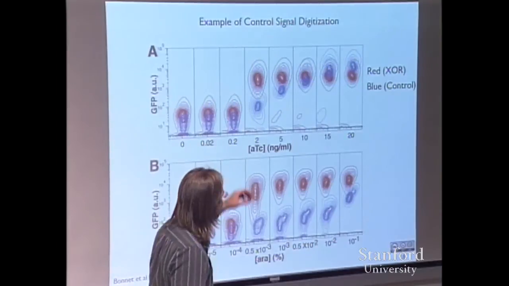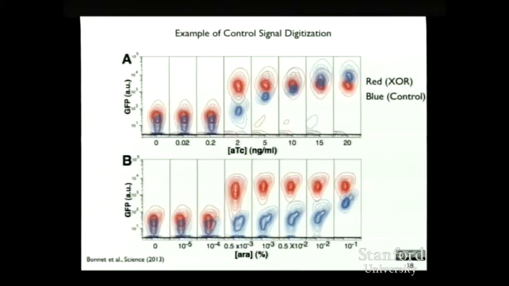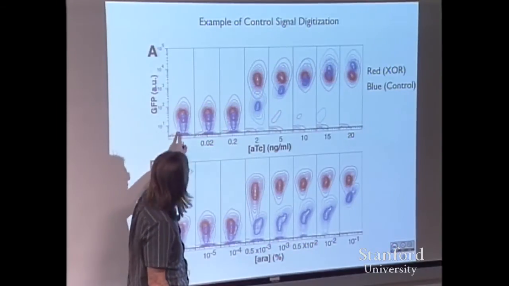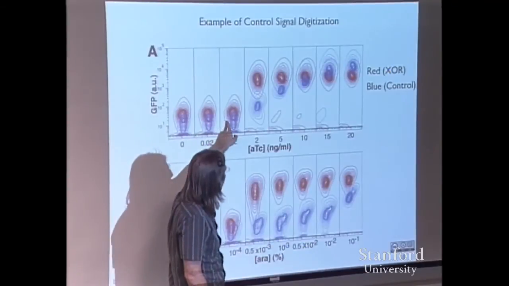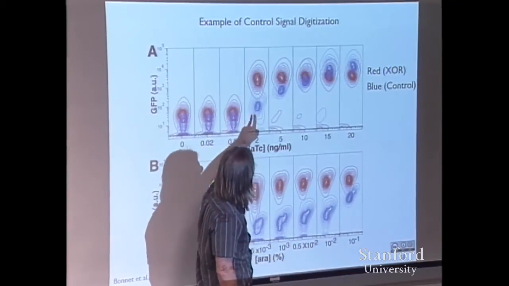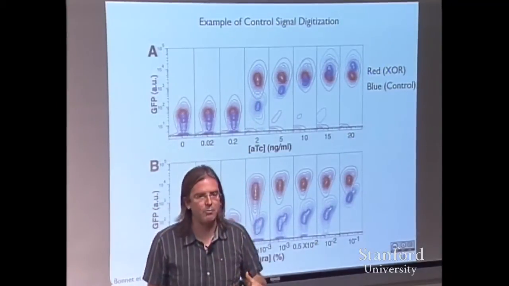And the red contours are indicative of the output signal. Okay? And so in this case, the XOR gate is getting one of its inputs, and that input is going up, as you can see in blue. And across this change in the input, we get a snapping up of the output.